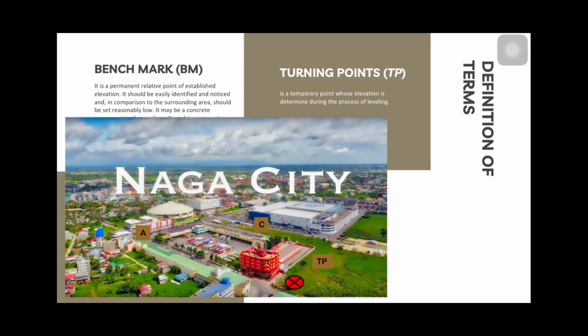So this object becomes your turning point. After recording a foresight reading on that turning point, you move the instrument closer to point C. Then you take a new backsight from the new instrument setup on the same turning point. This way, the turning point acts like a bridge for transferring elevation from one instrument position to the next.